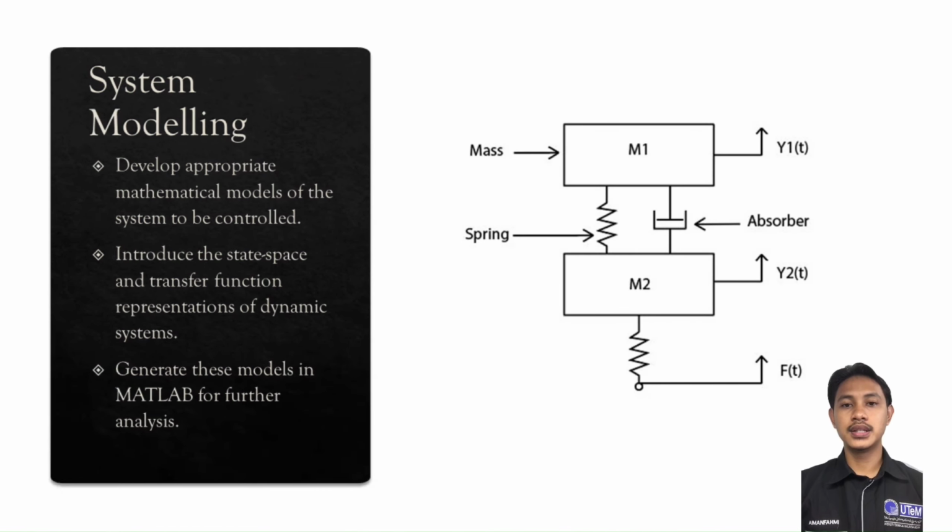Next, system modeling. So you can see the picture. Based on the right side, we have a complete system modeling. The arrows show M1 and M2 as the mass, and the arrows also show the spring and absorber.